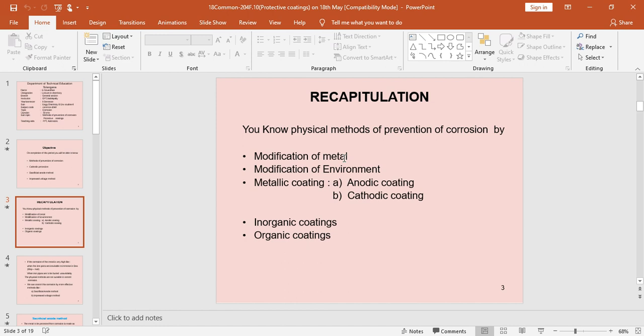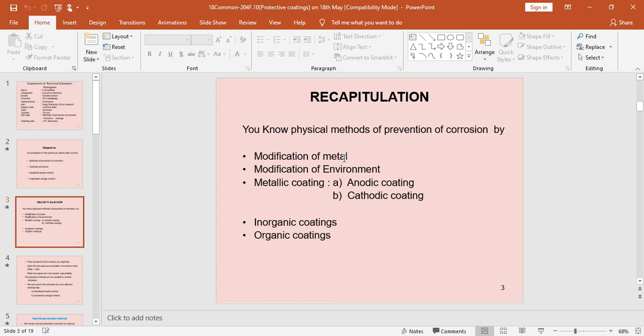Already we discussed in the last class anodic coating examples, cathodic coating examples, and the differences between anodic coatings and cathodic coatings. We also discussed organic and inorganic coatings. In inorganic coatings we discussed phosphate coatings, chromate coatings, and oxide layer formation coating.